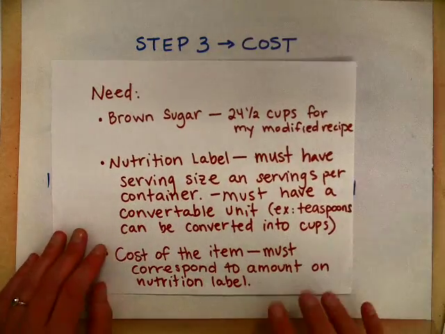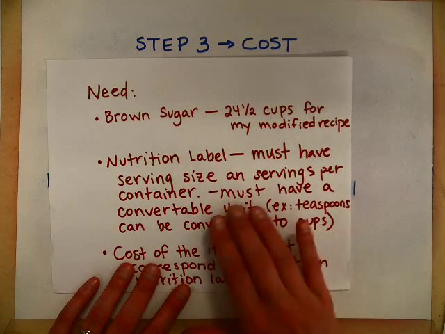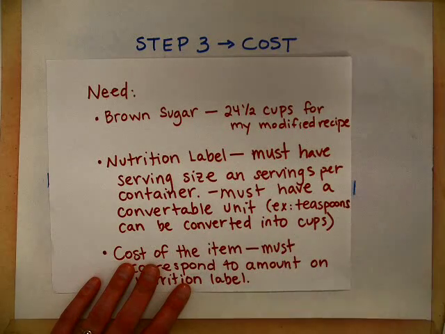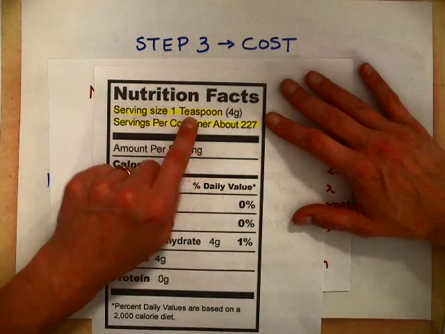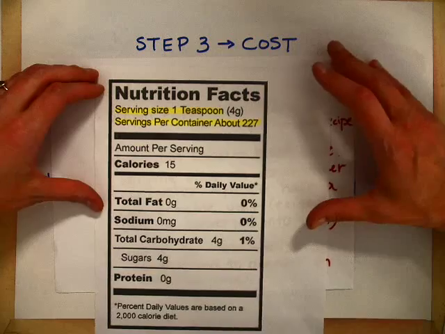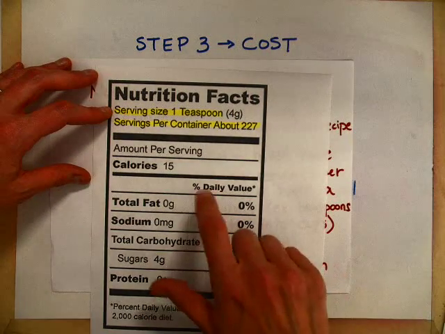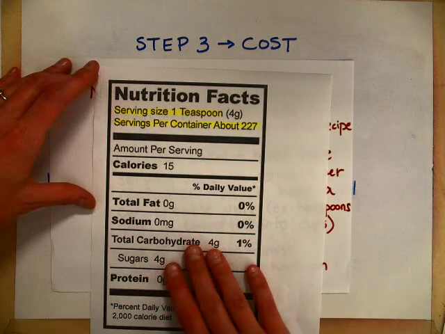So the other thing that it needs is to have a convertible unit. So for example, on this one, this is in teaspoons and my recipe is in cups, and I can convert teaspoons into cups. So I can use this label because it's in teaspoons and my recipe is in cups.